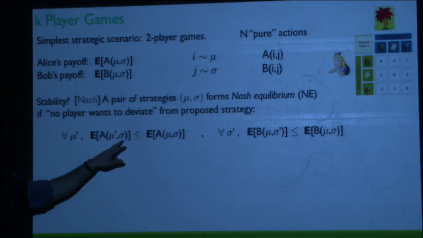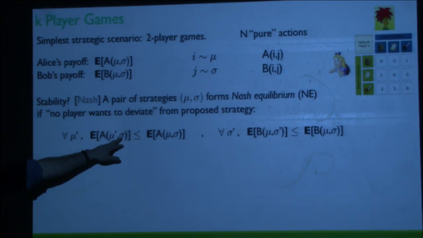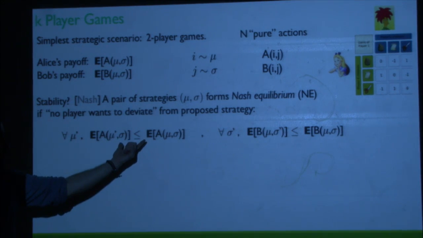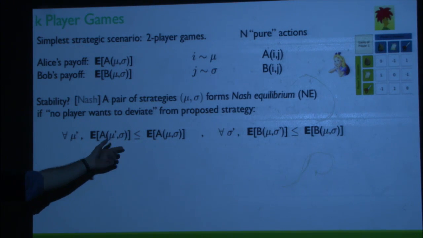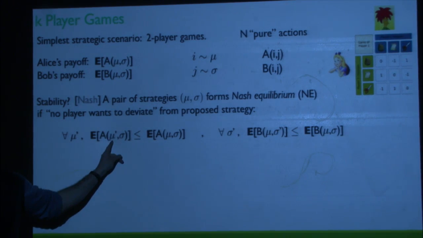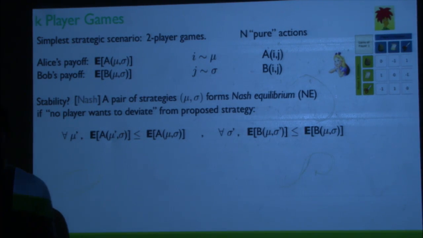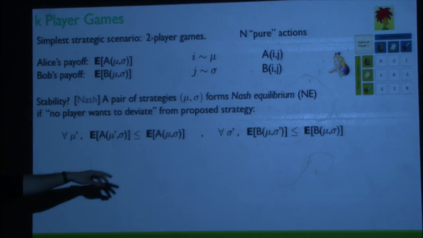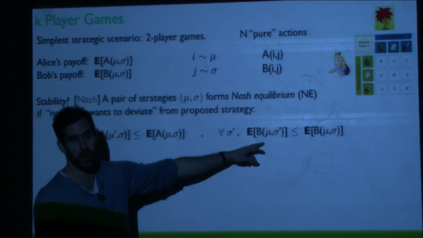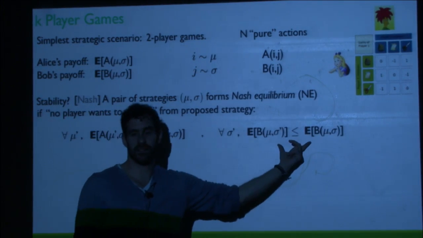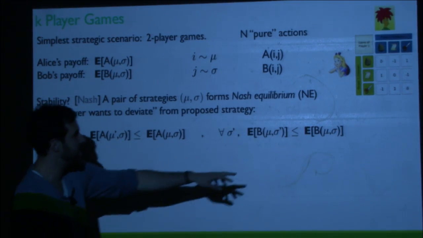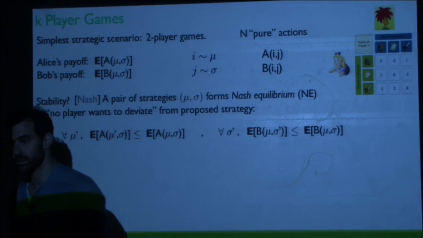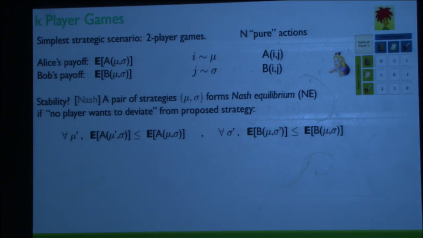So in this case, we require that, assuming that Bob sticks to his prescribed strategy sigma, Alice cannot improve her expected payoff by defecting to some other strategy mu prime. Make sense? So in this case, we say that mu is a best response to the strategy sigma, and the same requirement holds for Bob. Assuming Alice sticks to her strategy mu, Bob cannot improve his payoff by defecting to some other strategy sigma prime. So far, so good.